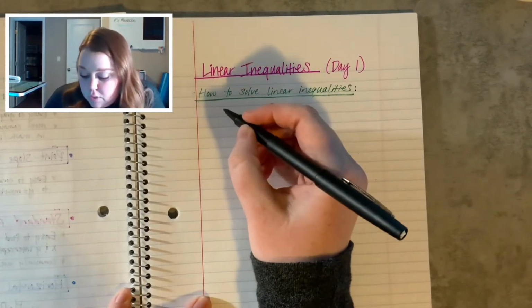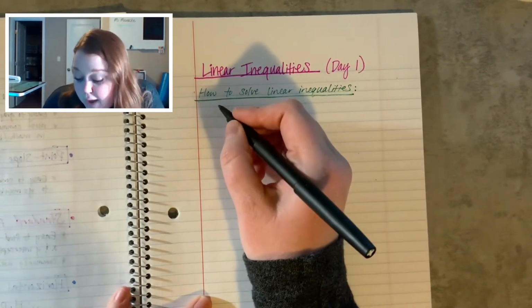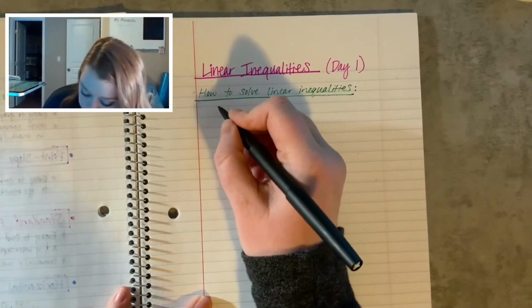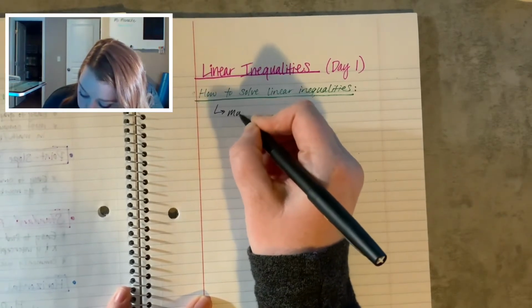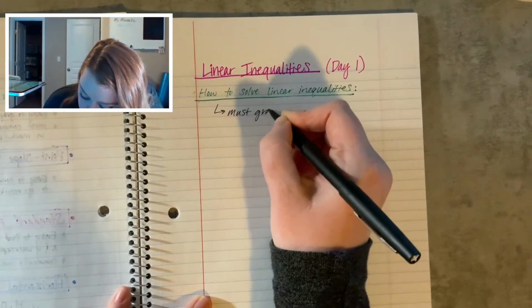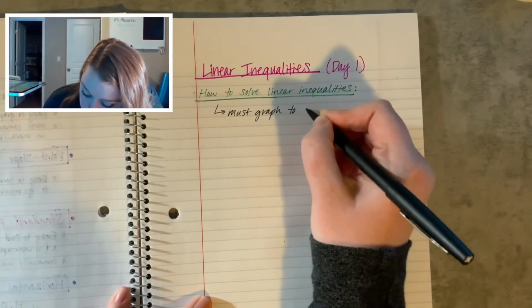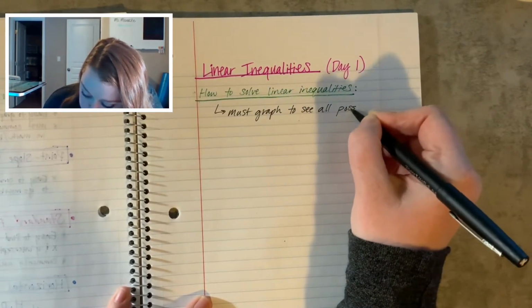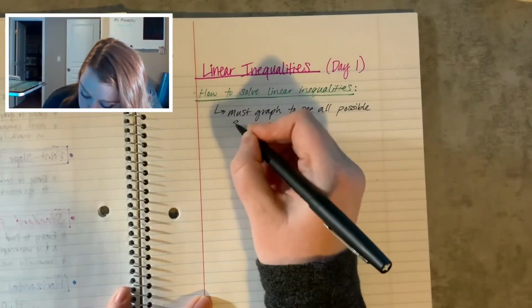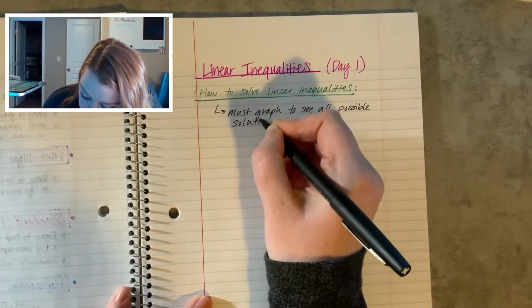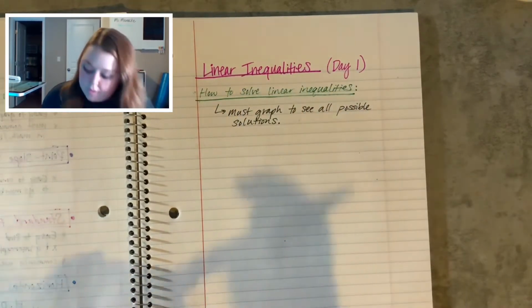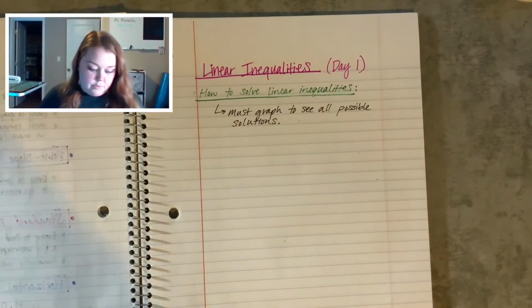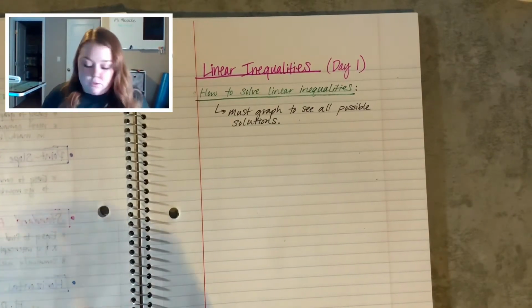Okay, in order to see all the possible solutions, you have to graph it. So we're going to say must graph to see all possible solutions. Okay, must graph in order to see all possible solutions.